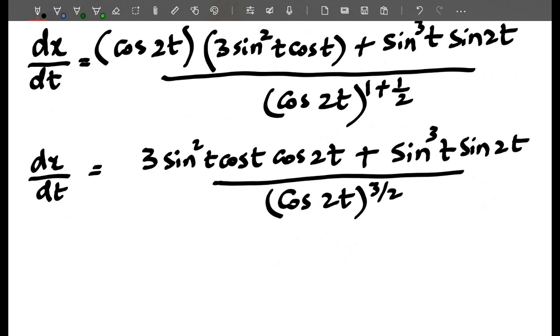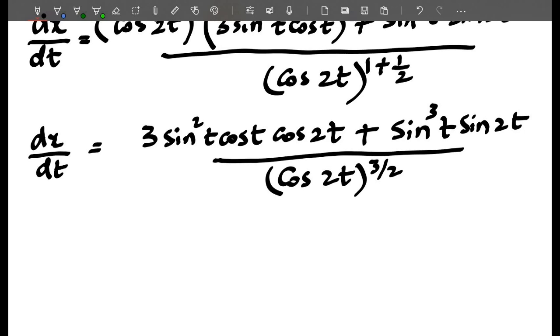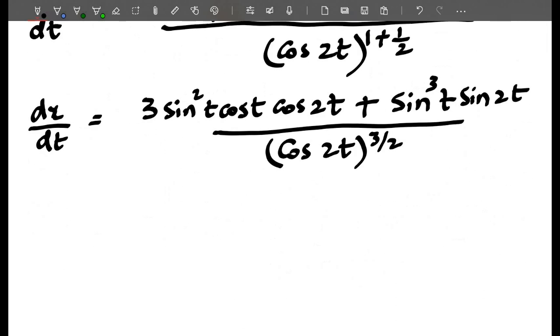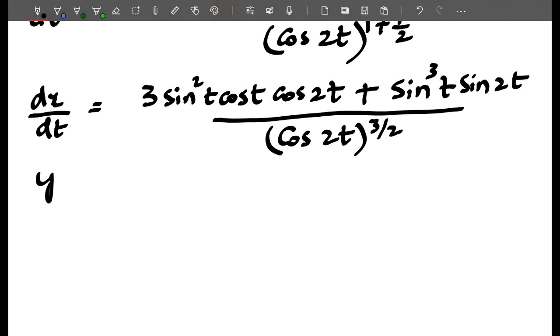Okay, now let us take the y part. So y is equal to cos cube t divided by square root of cos 2t.